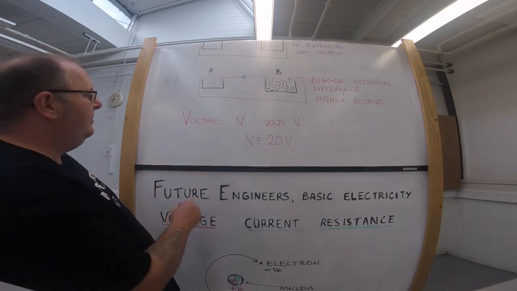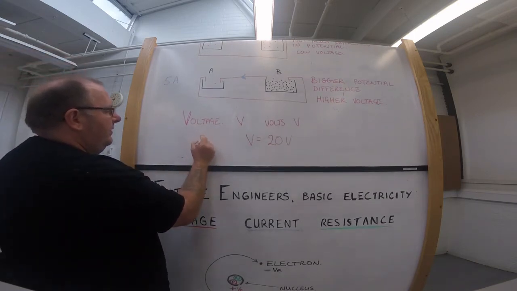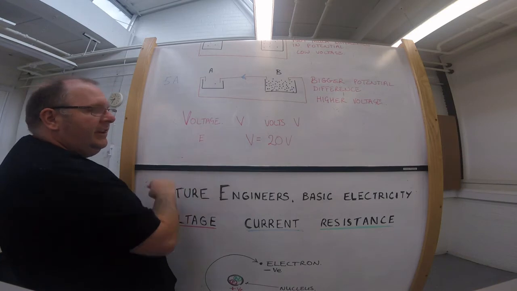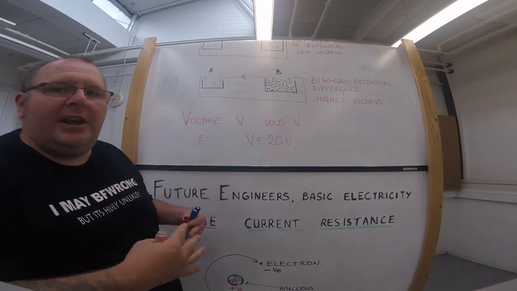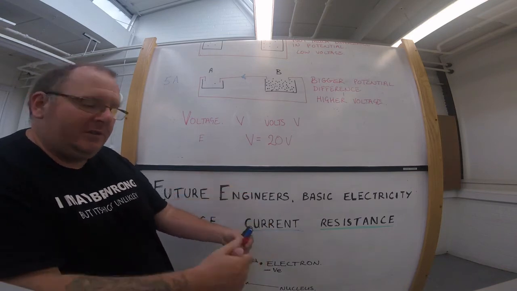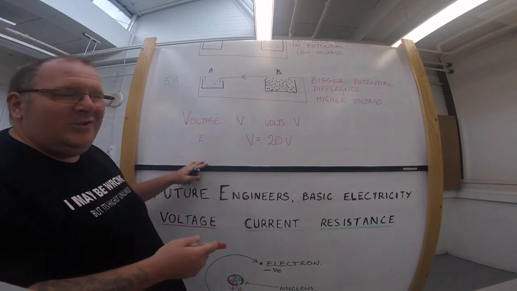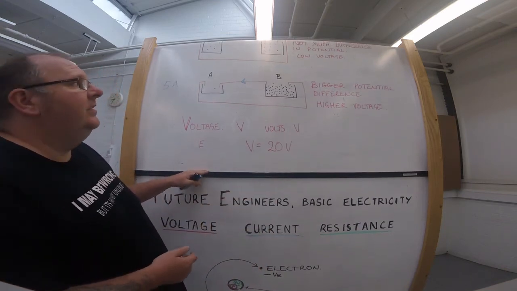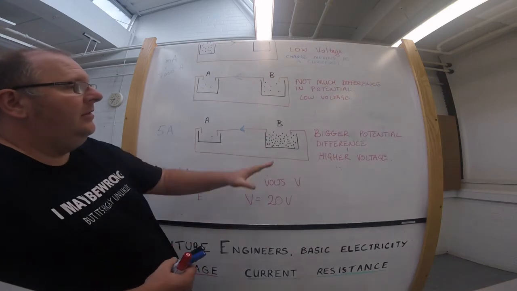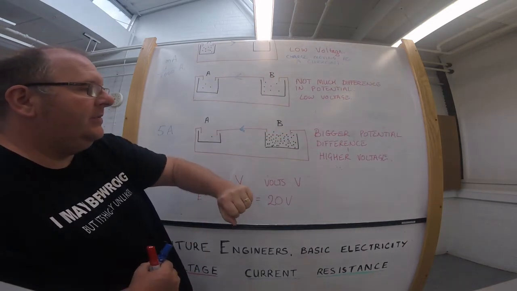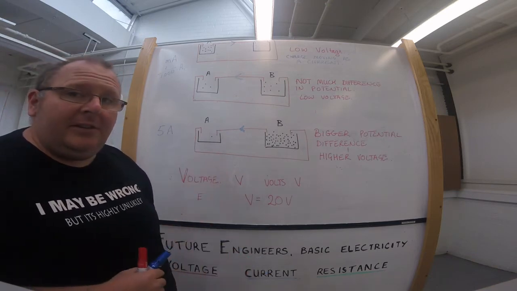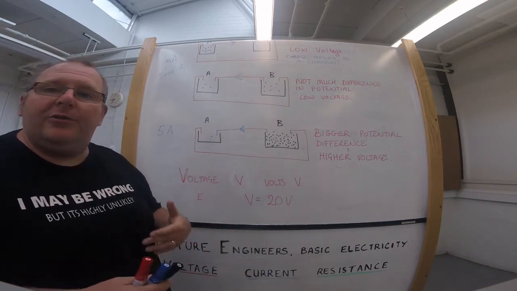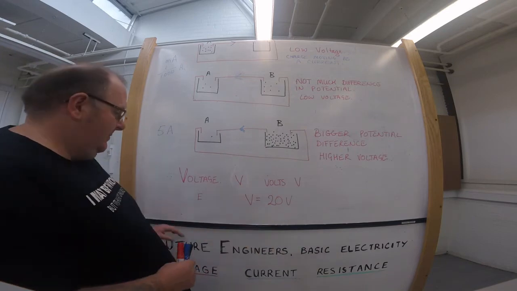Remember I said that sometimes we would have that E, and I spoke about force. The E really stands for electromotive force. We usually tend to write voltage though. And remember, big potential difference, same as having a higher voltage. It's exactly the same as having a higher electromotive force.